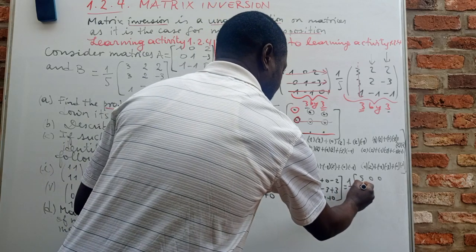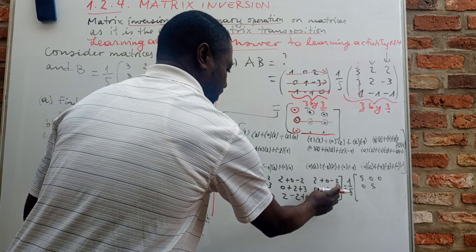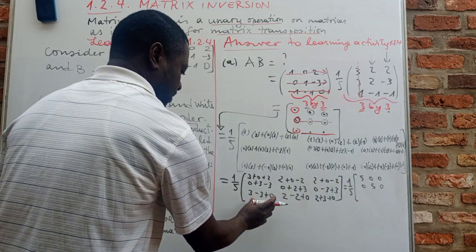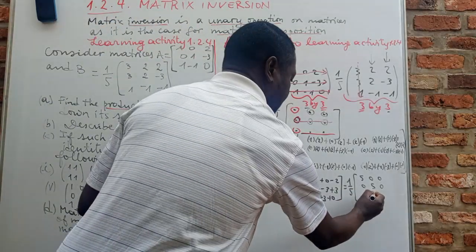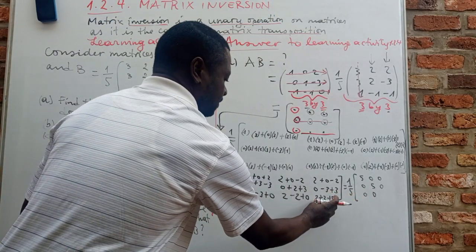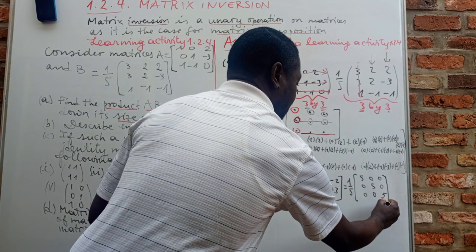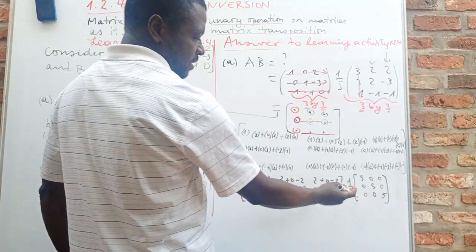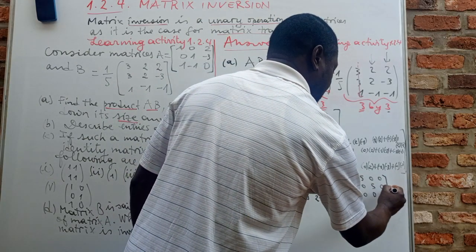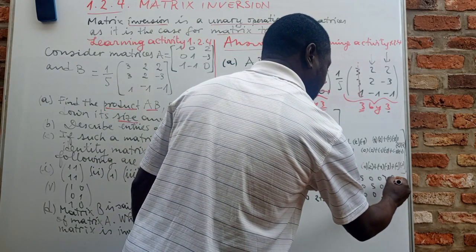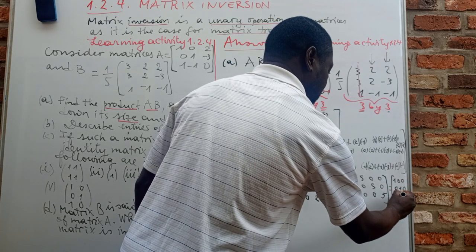Second row: 0, 5 and 0. And here you have 0, here you have 0, 2 minus 2 is 0, then I have 2 plus 3 plus 0 is 5. And now scalar multiplication at each element. So I'm going to have the matrix 1 0 0, 0 1 0, 0 0 1.